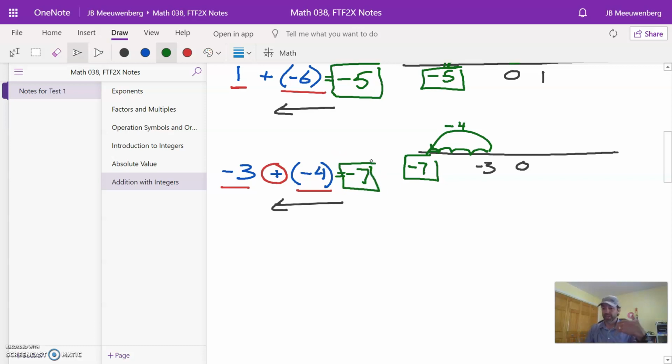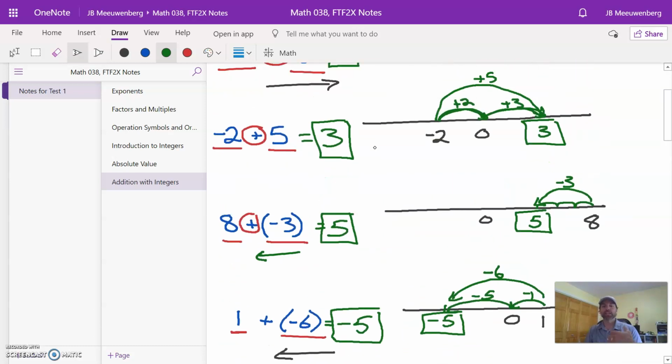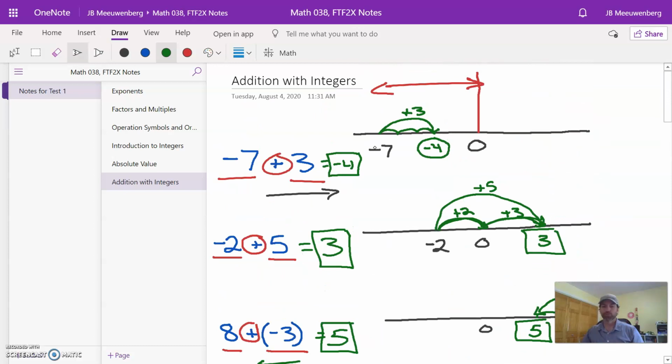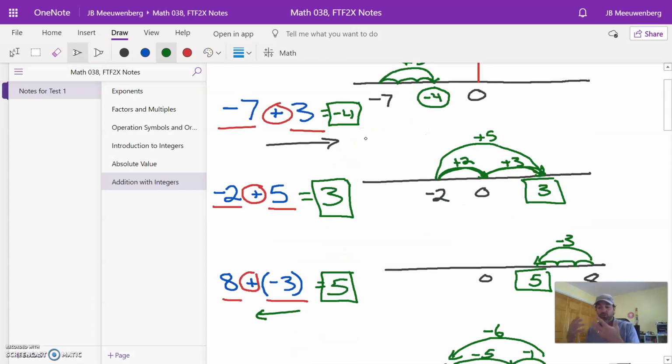So what I want to do now is just take you back up to the very first problem and notice the visuals. The visuals are incredibly important, being able to see what's happening. But now you want to look for patterns, and this is something that you might recall from another math class, right?